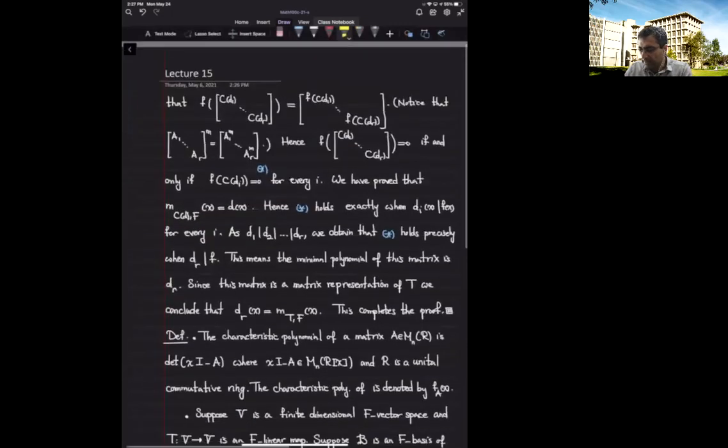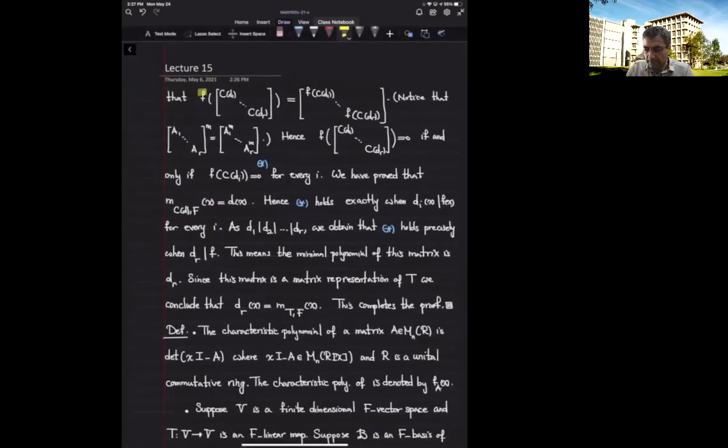Notice that when I evaluate a polynomial at this matrix, because this matrix is of block form, when I square it, I need to only square the blocks. When I raise it to power 3, I need to raise the block diagonal blocks to power 3, and so on.